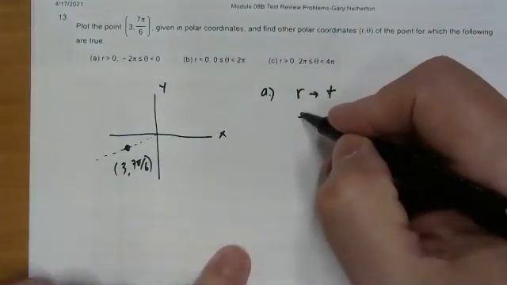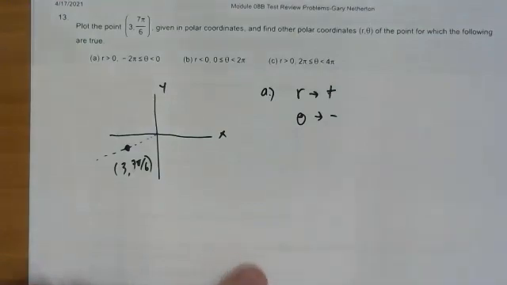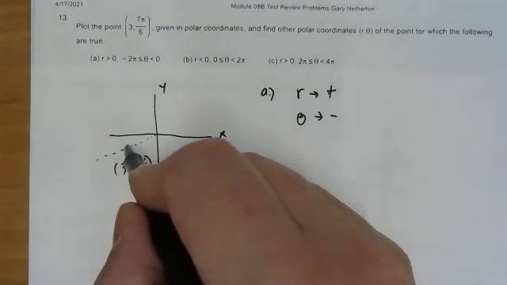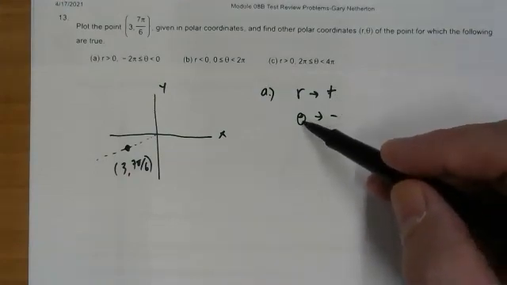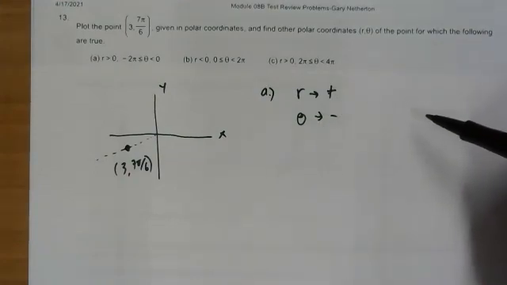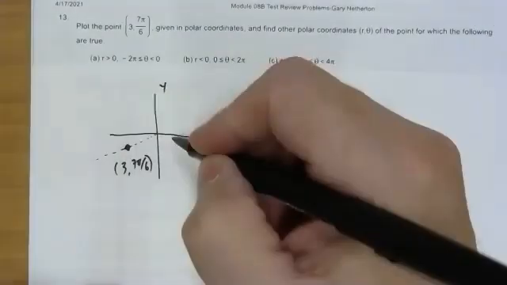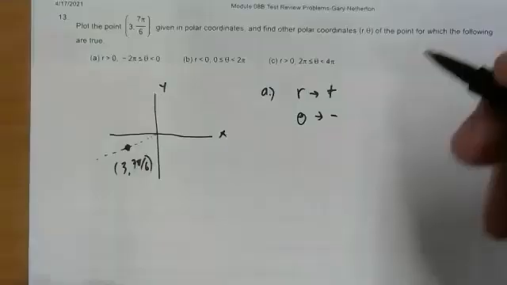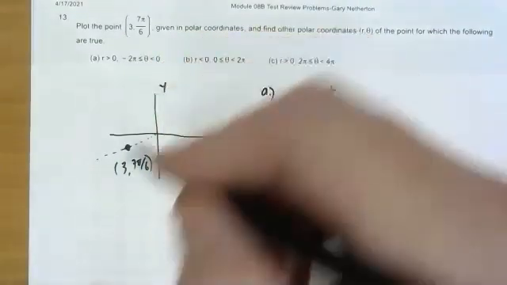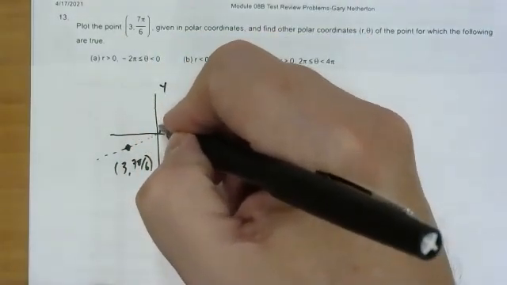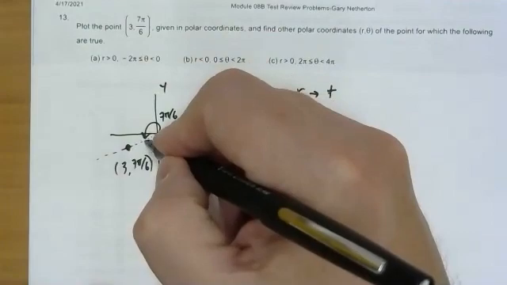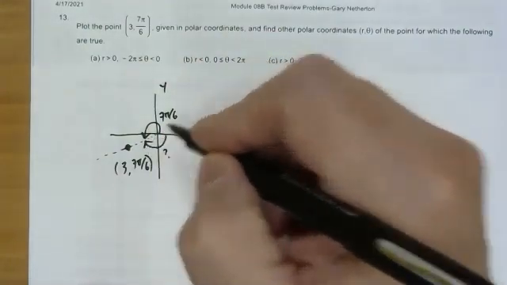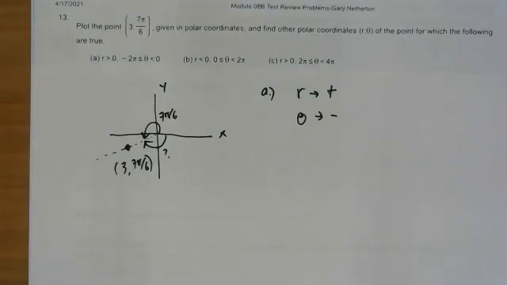So basically, they're saying, give a polar coordinate to this point, except r is positive and the angle is negative. Well, a negative angle means you go clockwise. So if this is 7 pi over 6, what's the angle going to be if I go in the negative direction?